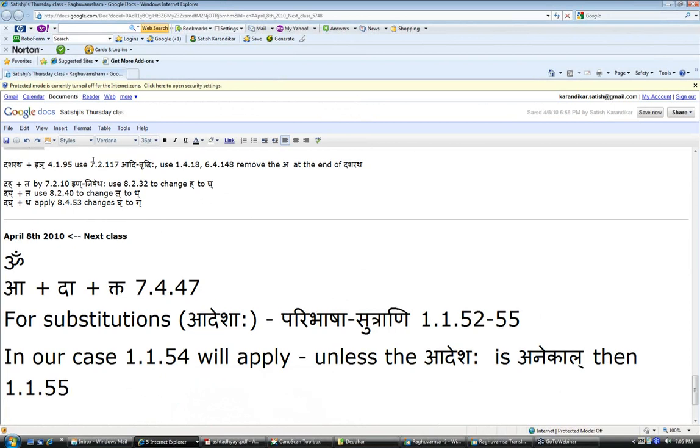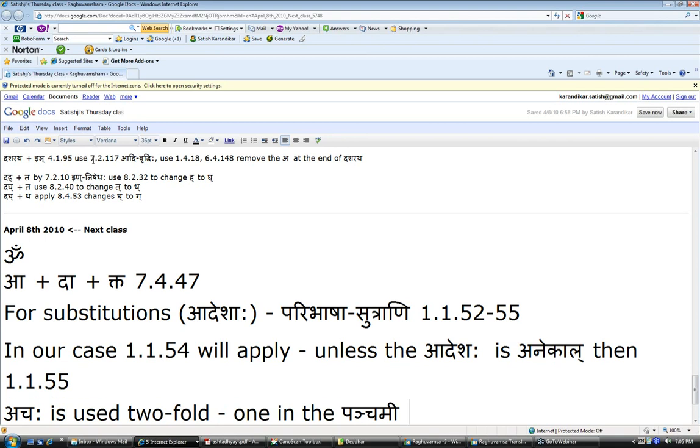So I may just put in the document here that achaha is used twofold: one to qualify the one in the ablative case, the panchami, that's qualifying upasargat.